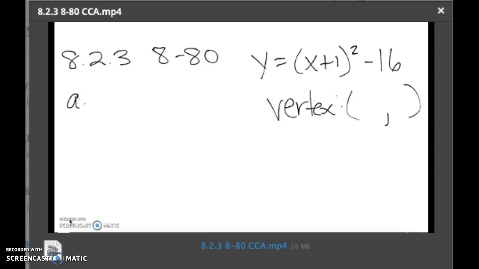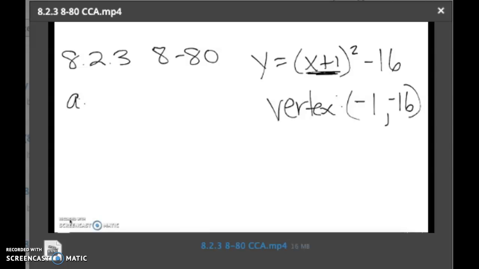So I have a negative 16 there. For the x-coordinate, it looks like it's the opposite of what we see inside the parentheses, but really we're taking what's in the parentheses and setting that equal to 0 and solving for x. So if I took that x plus 1 and set it equal to 0 and solved for x, I would get x equals negative 1. So there we have our vertex.